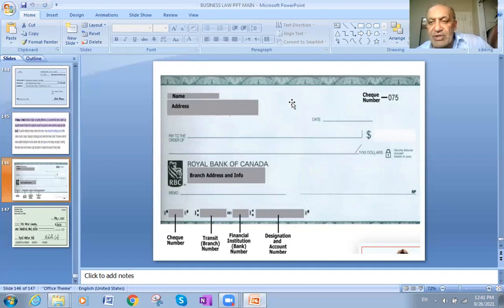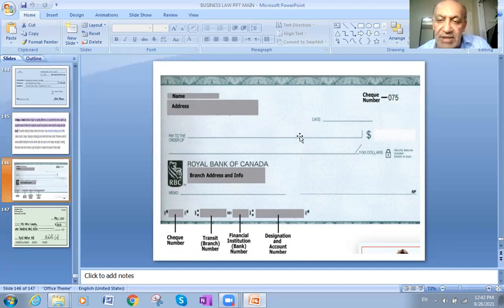Okay, let us see now an empty blank check. After we understood the check, we will go to an empty blank one and see. So here is the name of the drawer, and here is the address of the drawer. The person who will sign the check, his name is here, and his address, and his signature in this part here. And this is pay to, the name of the payee, the one who will cash the check.